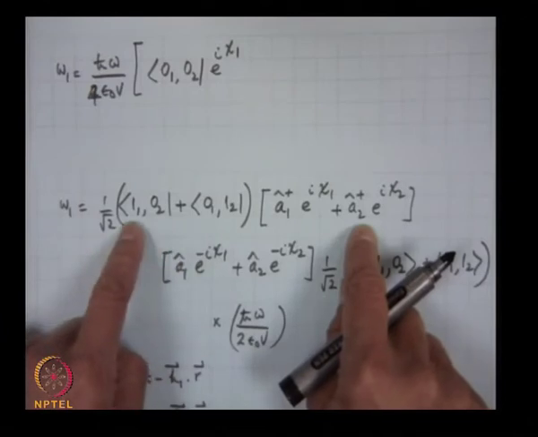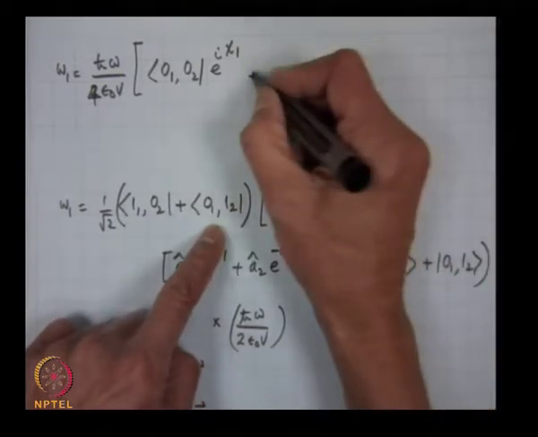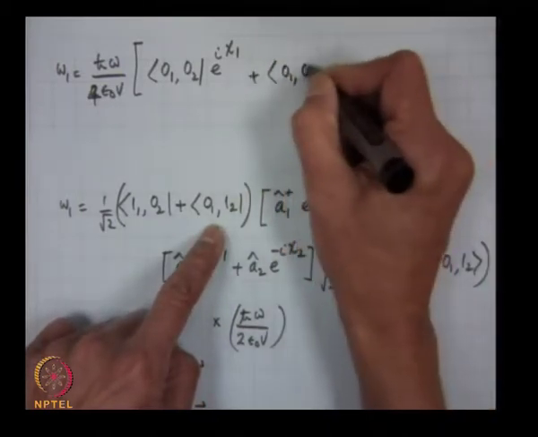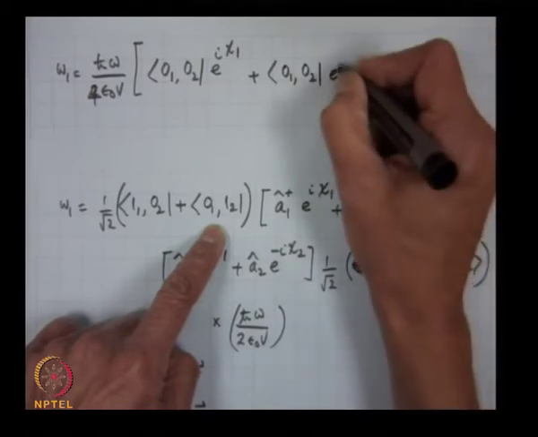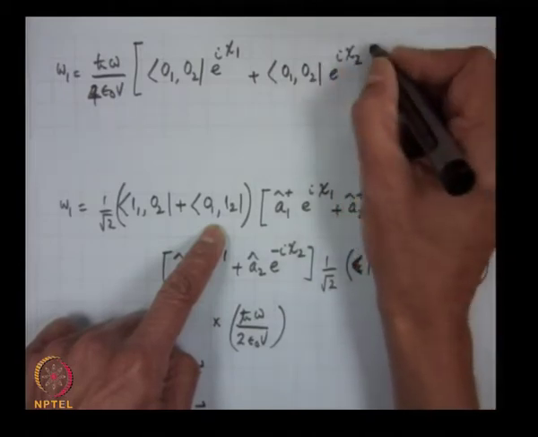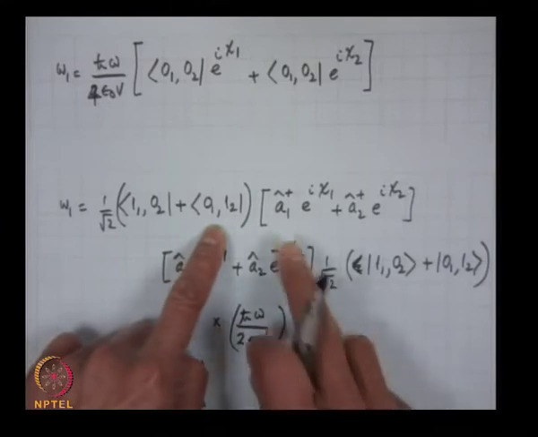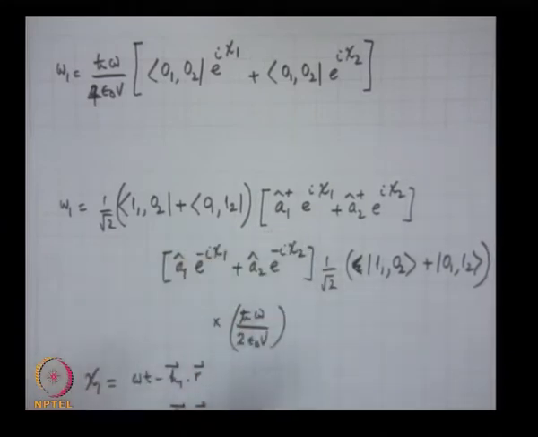A2 dagger operating on this gives me again 0. A2 dagger operating on this gives me A1 operating on 0 is 0. A1 dagger operating on bra 0 is 0.